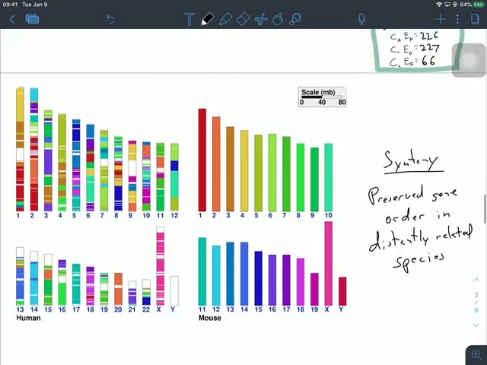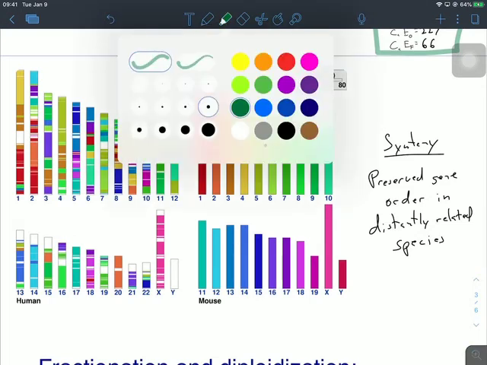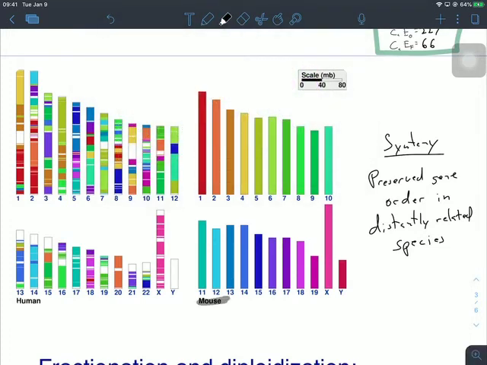For example here, we have two different organisms, a mouse and a human. Mice have 19 autosomes, humans have 22 autosomes, so going up to 19, up to 22.